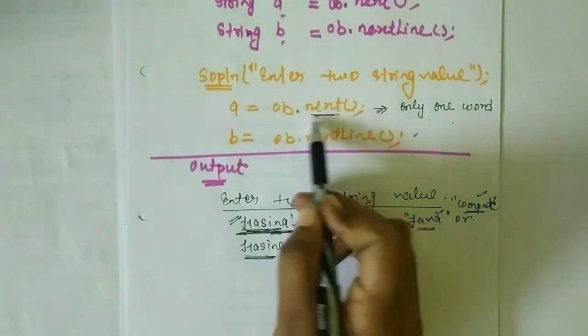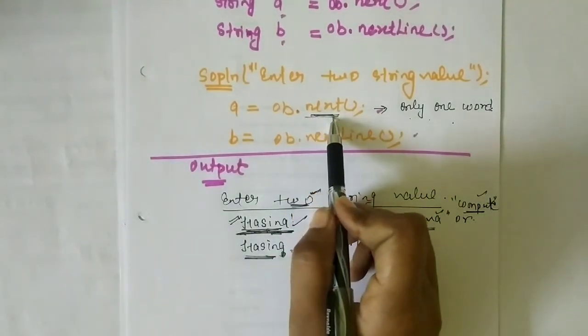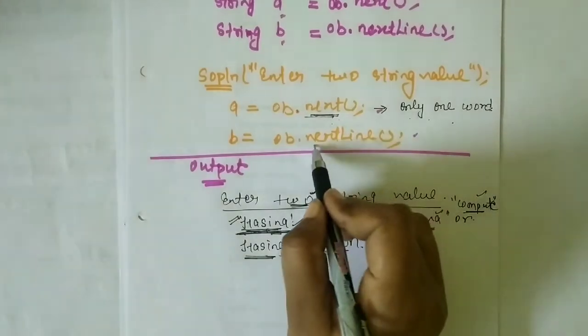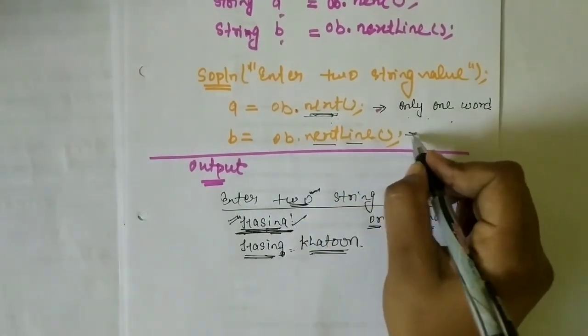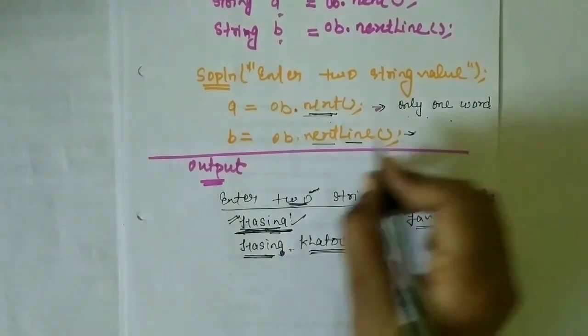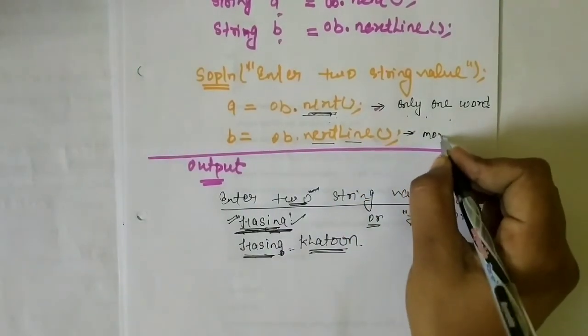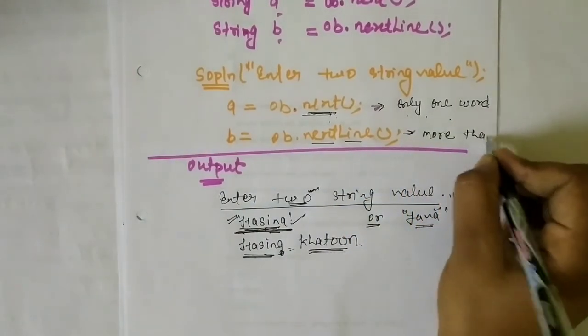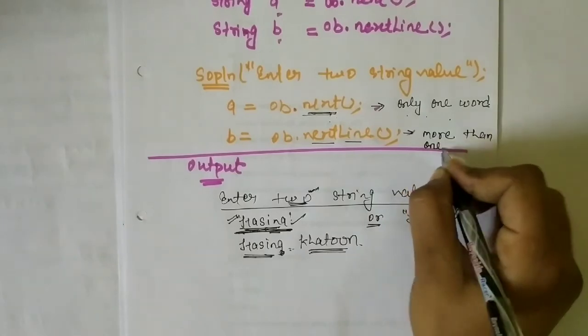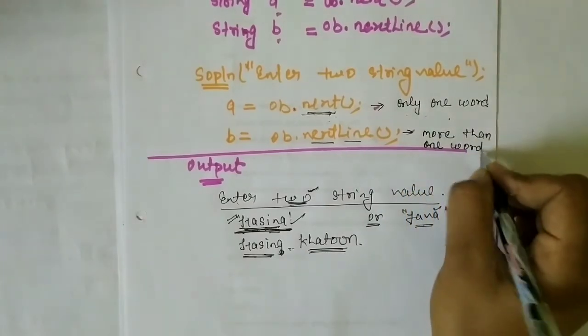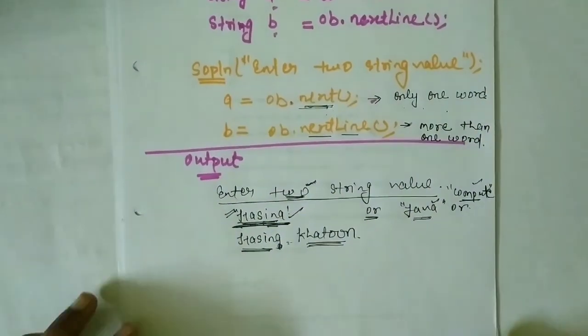So use object dot next. But when we use nextLine, it accepts more than one word.